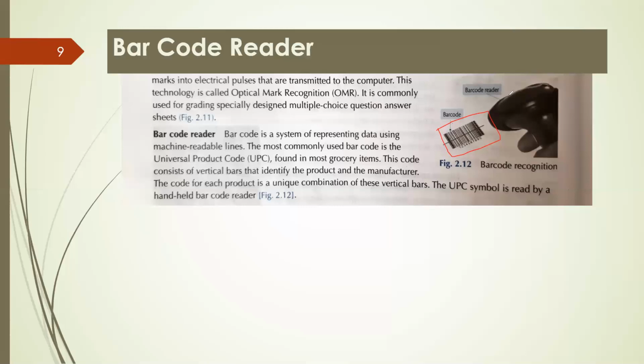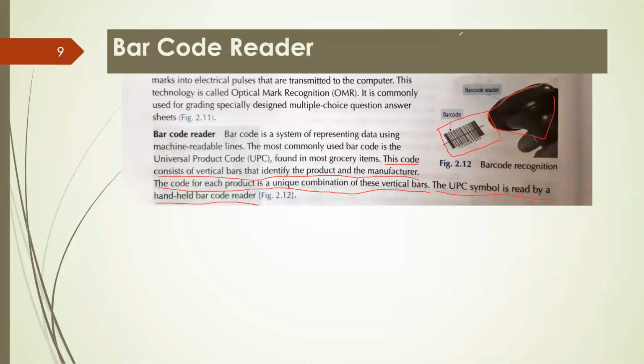This is the barcode reader, and this is the barcode. This code consists of vertical bars that identify the product, and the manufacturer also. The code for each product is a unique combination of these vertical bars. The UPC symbol is read by a hand-held barcode reader.